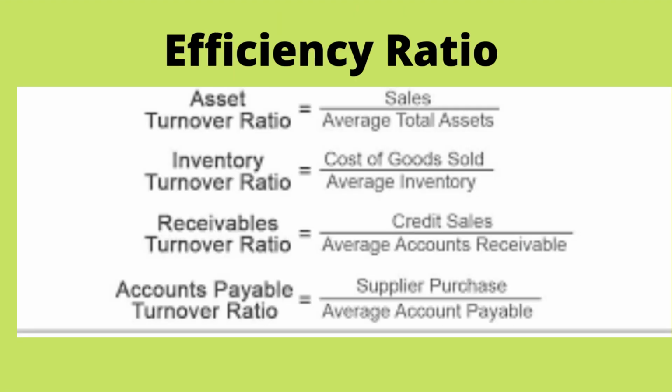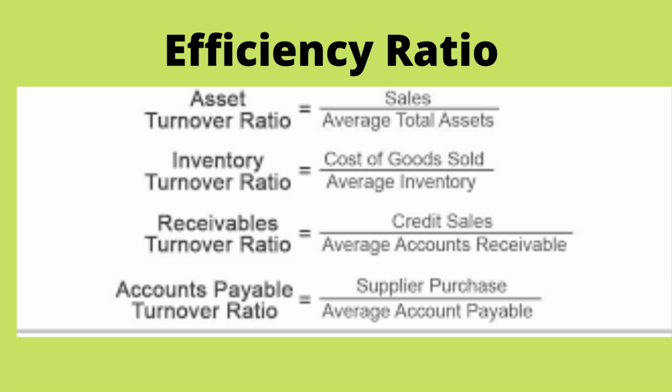Next are the efficiency ratios. Efficiency ratios include the assets turnover ratio. The formula is sales divided by average total assets. Then inventory turnover ratio: cost of goods sold divided by the average inventory. The receivable turnover ratio formula is credit sales divided by average account receivables. And the account payable turnover ratio formula is suppliers purchase divided by average account payable.